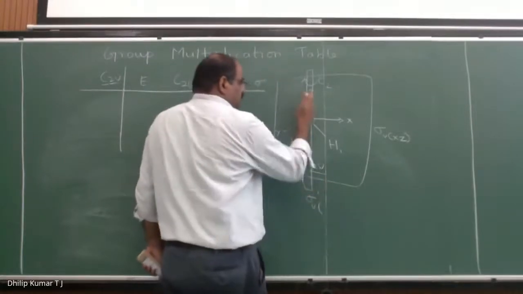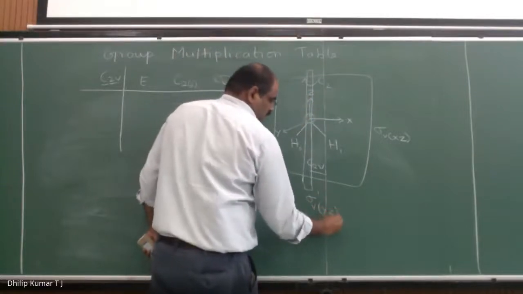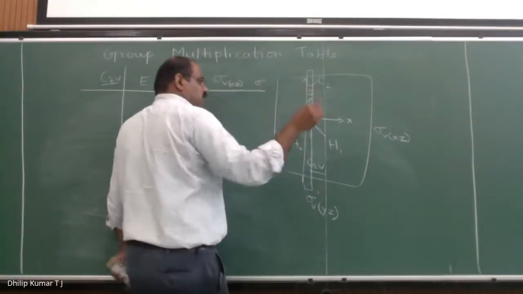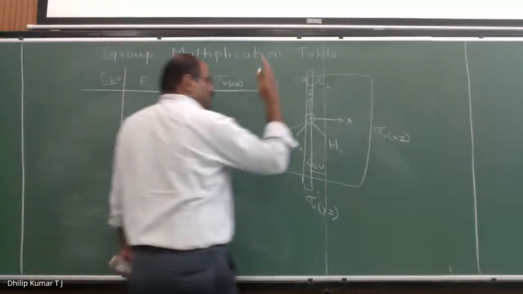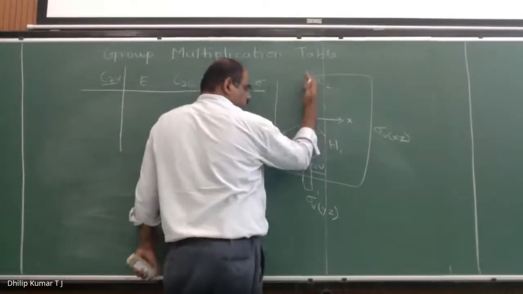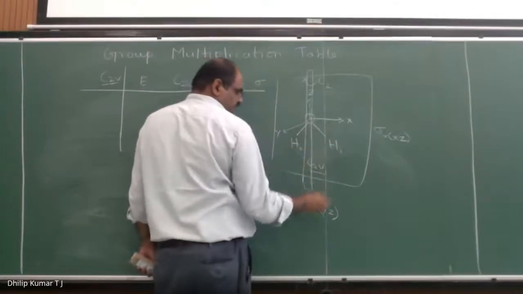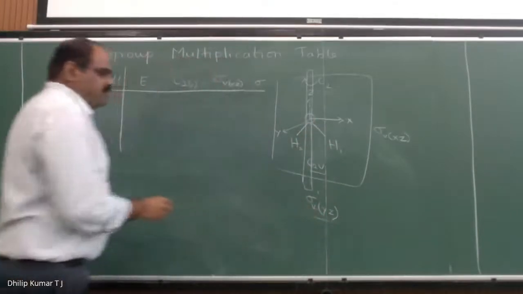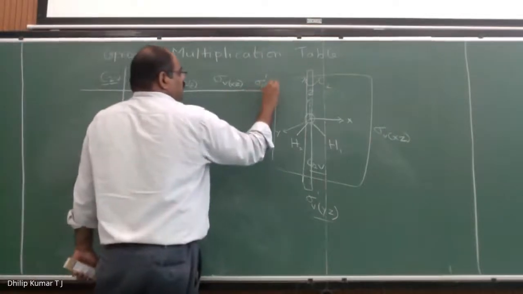This is the YZ plane, because Y is coming out of the board and Z is vertical, going up. If you place a mirror like this, it breaks the molecule into half. I call this sigma V prime YZ.